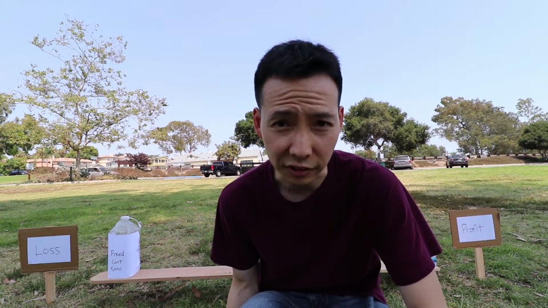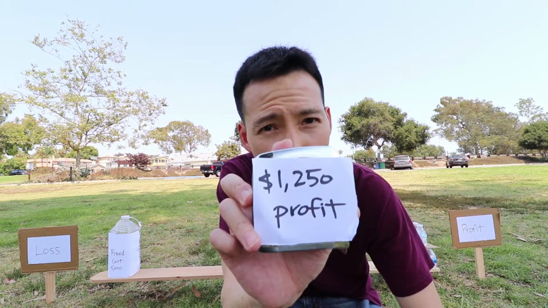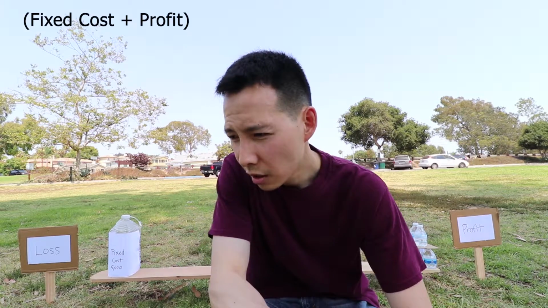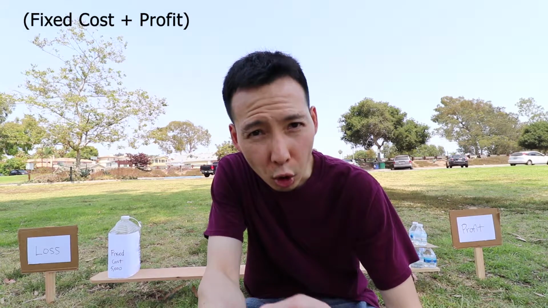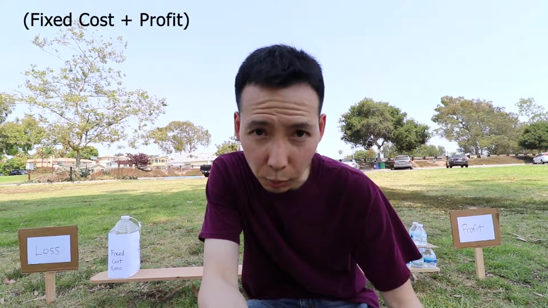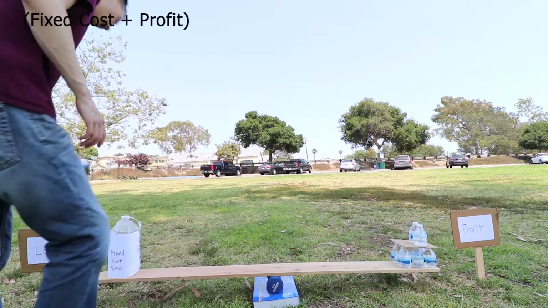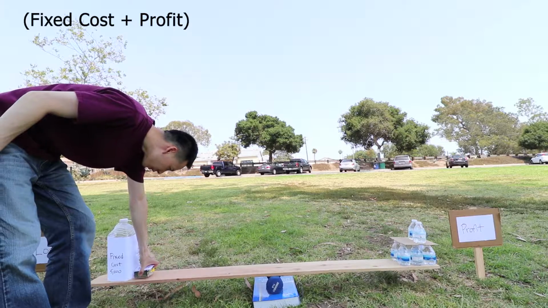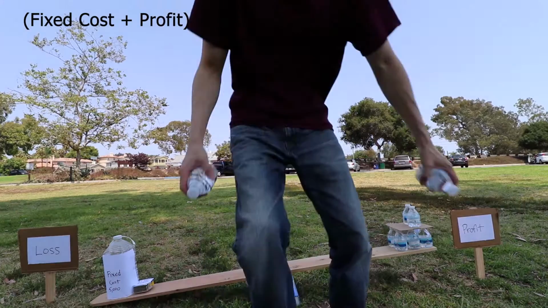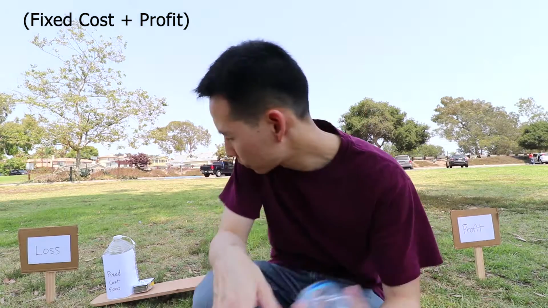To further the example, what if you wanted to make an additional $1,250 profit? Then how many more of these units would you have to sell before you start turning a profit? Now remember, each of these is $625.